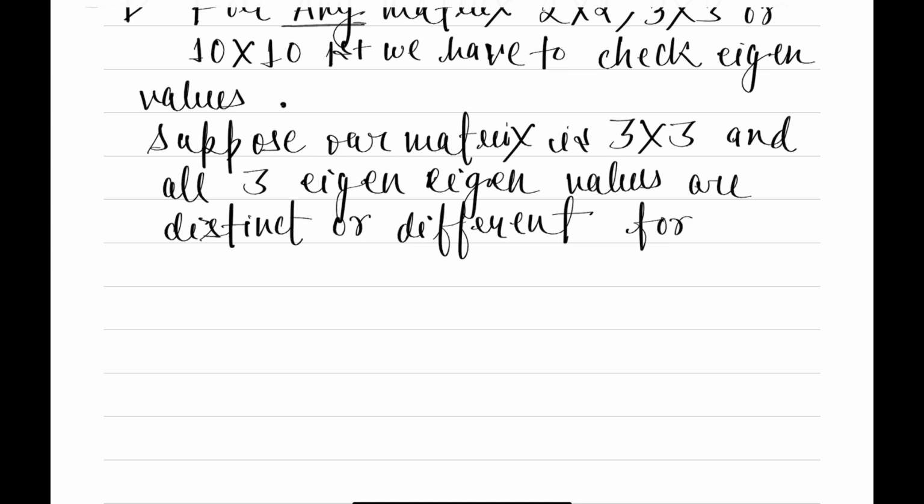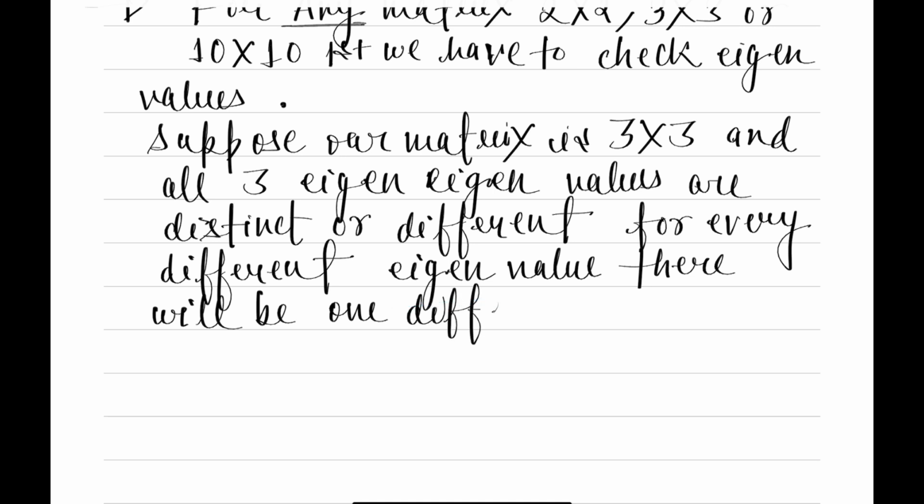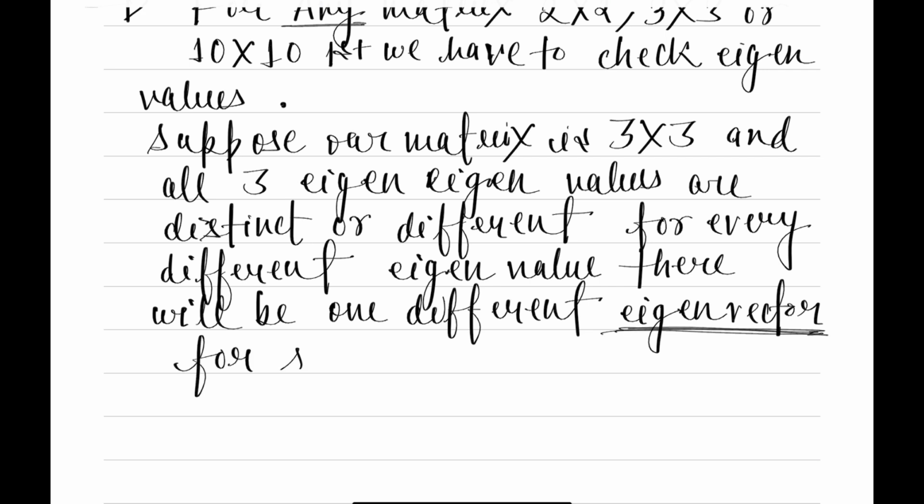For every different eigenvalue, there will be one different eigenvector, for sure.